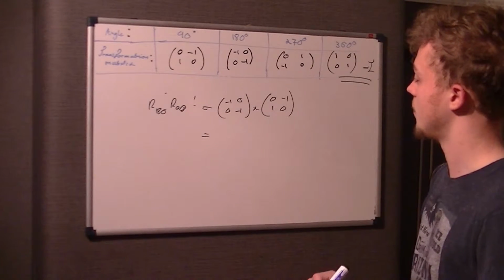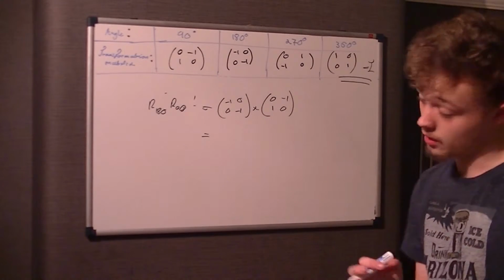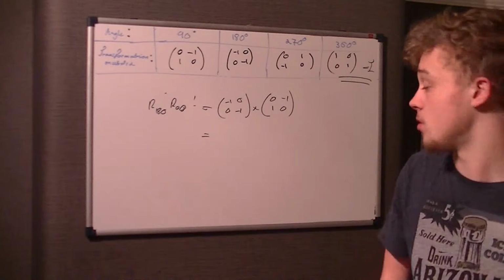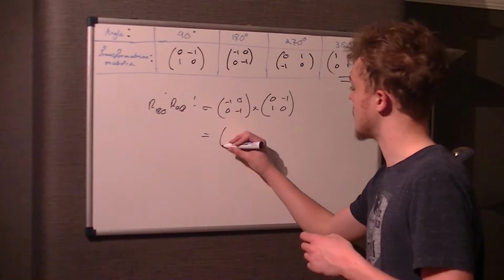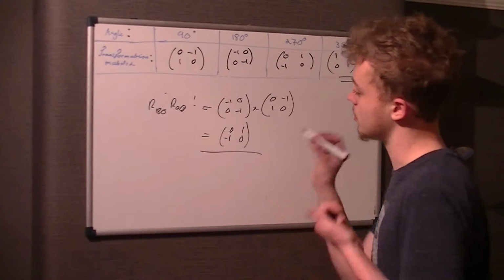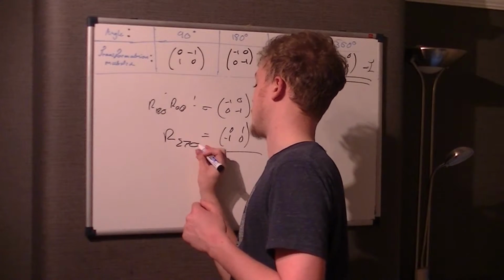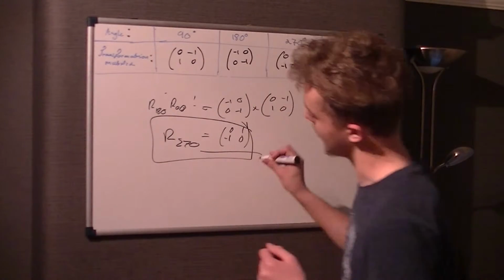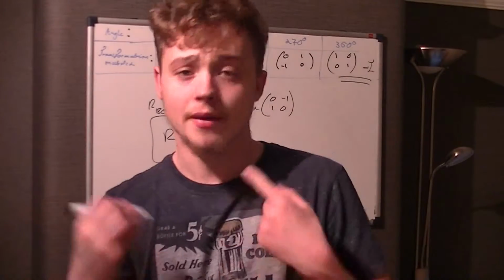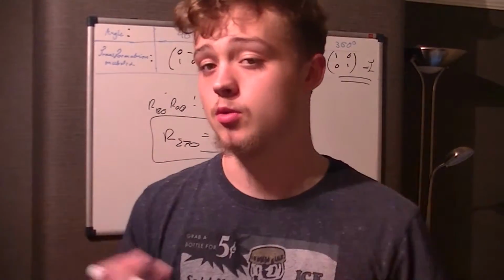What you'd end up with, by multiplying it out as you would any matrix times a matrix, is 0, minus 1, 1, 0. It's the rotation matrix of 270 degrees, quite clearly, because if you rotate something 90 and then 180, you're rotating it from the start by 270 degrees.